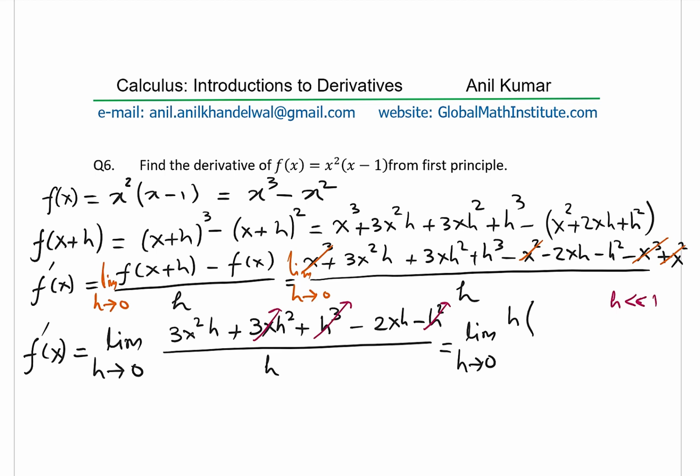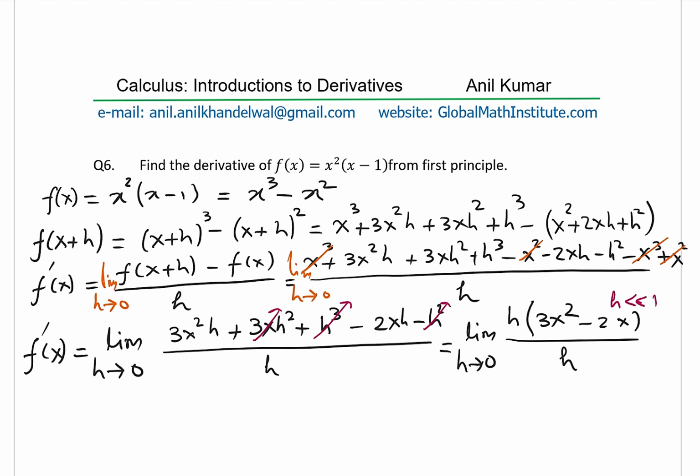From the other terms, we have taken h as the common term. So we got 3x squared minus 2x. Is that clear to you?